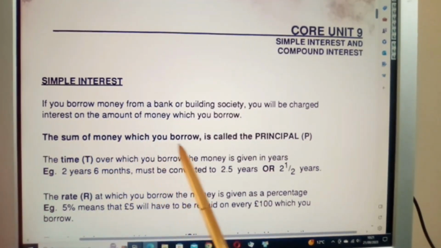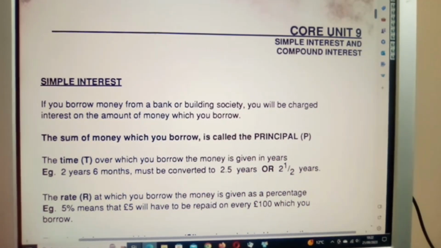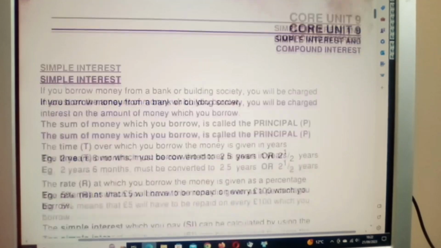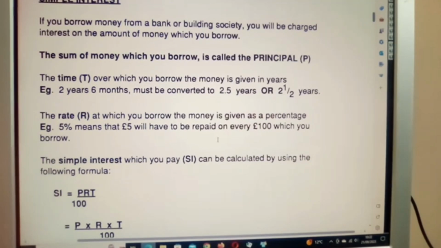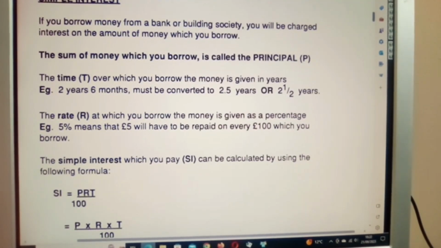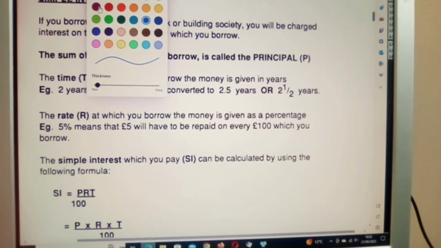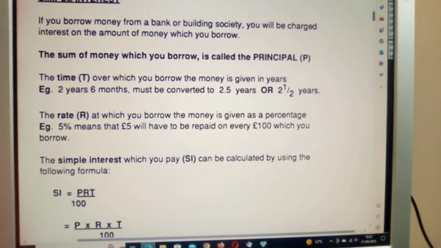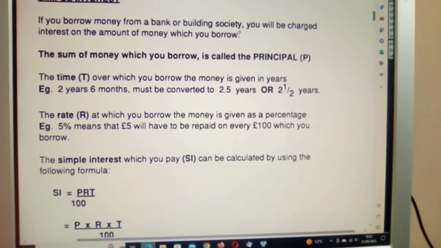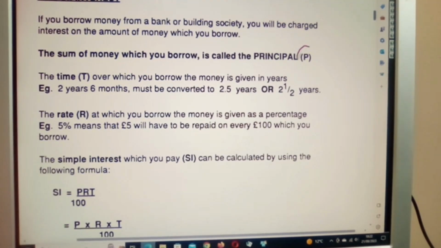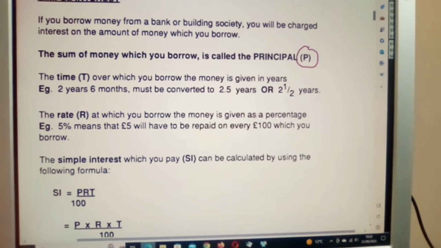The sum of money which you borrow is called the principal, P. Let me just get my pen so we can highlight these and point them out. It's called the principal, P.